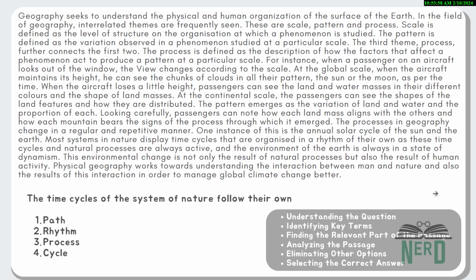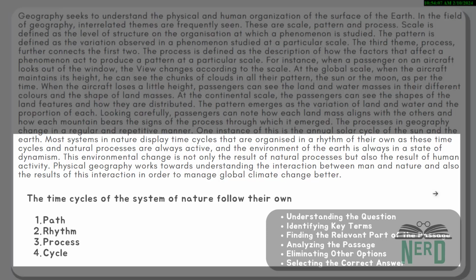As you can see, we found the sentence that talks about systems in nature and their time cycles: "most systems in nature display time cycles that are organized in a rhythm of their own." So you can see we have found the line that mentions it, and we have a clear picture of what the answer is, right?